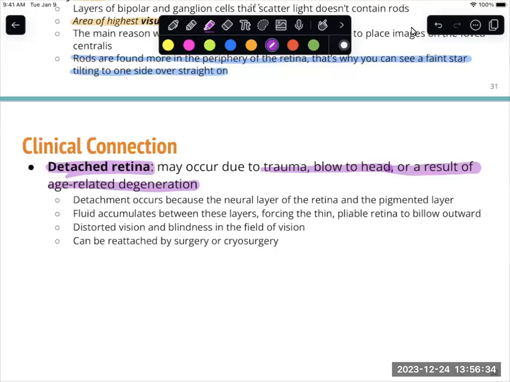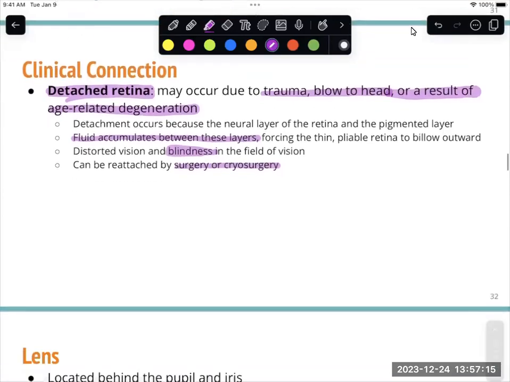They can visually see, and as that retina folds over, a curtain is closing and everything goes black. Because there's fluid in the back of our eye, this fluid starts to accumulate between these layers. And the only way you can put it back is through surgery or cryosurgery. Cryo is cold. And these people become blind in that eye until it becomes attached.